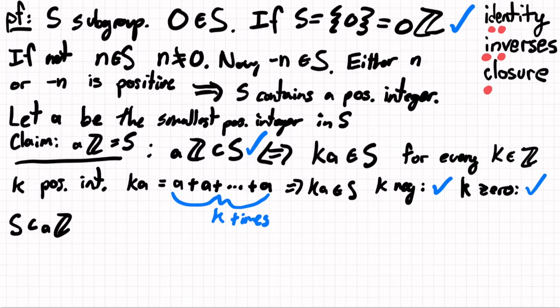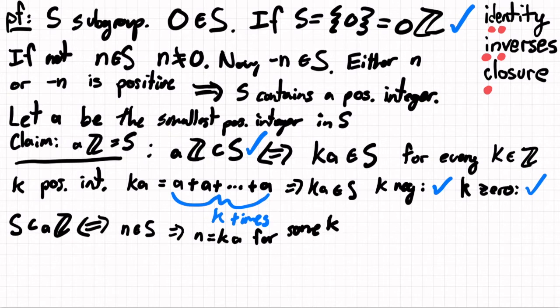Now, to do this, we're just going to say, expanding definitions, what that's going to give us is, if n is in S, then that means that n equals Ka for some K.